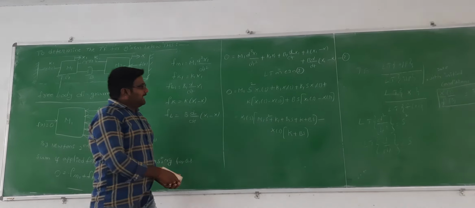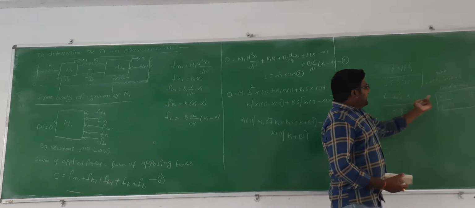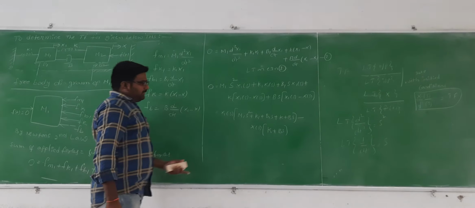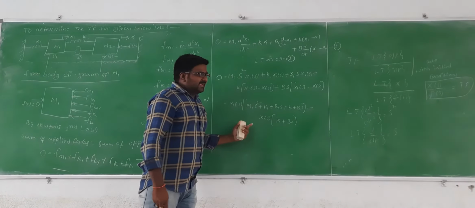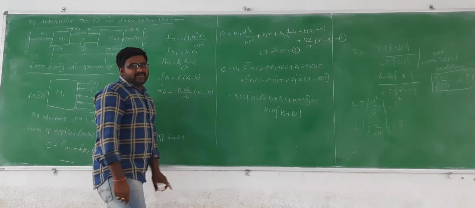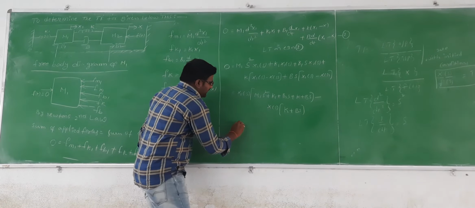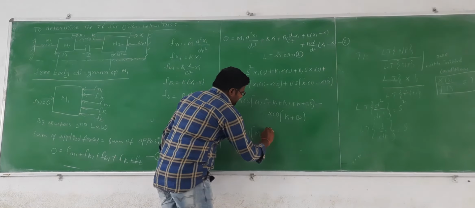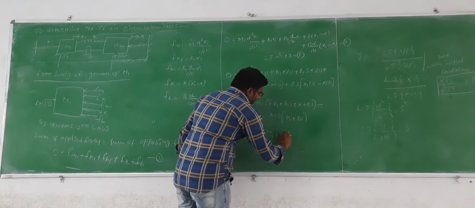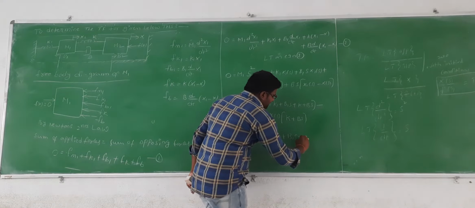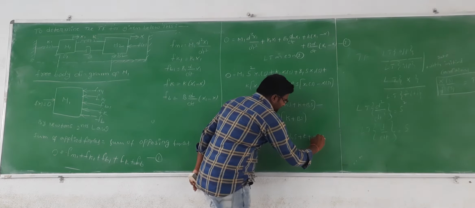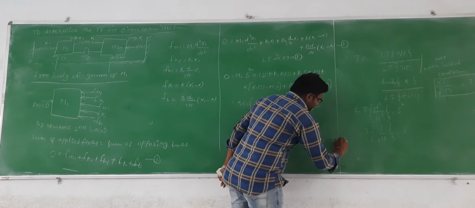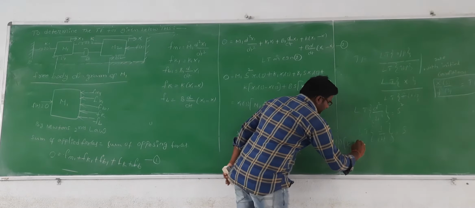So we want to calculate the transfer function X(s)/F(s). Because of X1(s) in terms of X(s) equation, X1(s) into (m1 s² + (k1 + b1)s + k + b s) is equal to X(s) into (k + bs).